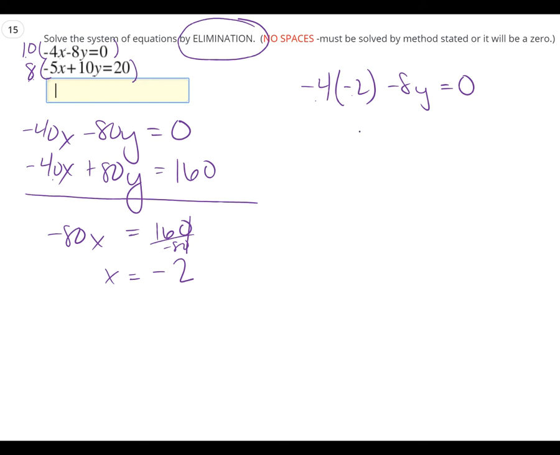It's negative 4 times negative 2, positive 8. So I'm going to move the 8. Subtract it, and we do what with this 8 right here? Divide it. Negative 8 divided by negative 8 would be positive 1.